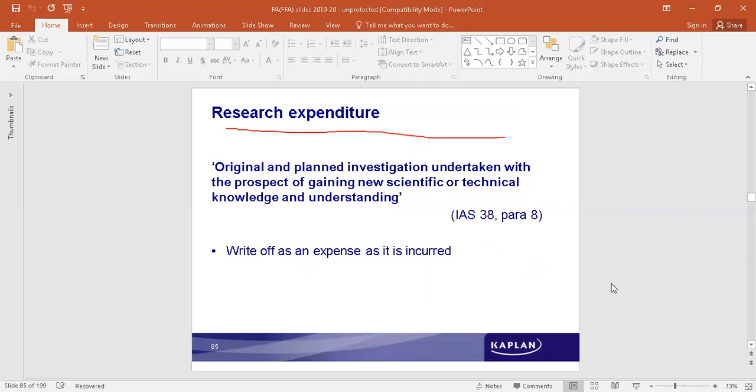So the accounting treatment is that whatever research amount is spent in any year, the total amount will be shown as research expense and charged to the income statement. It is expensed as it is incurred. It is not capitalized. It would not go to the asset side of the balance sheet.